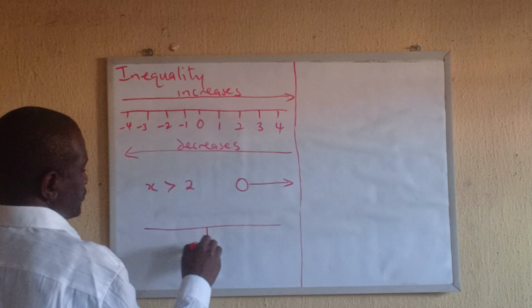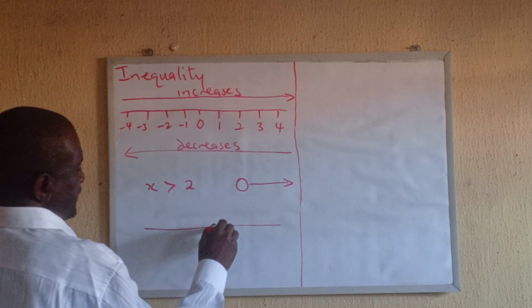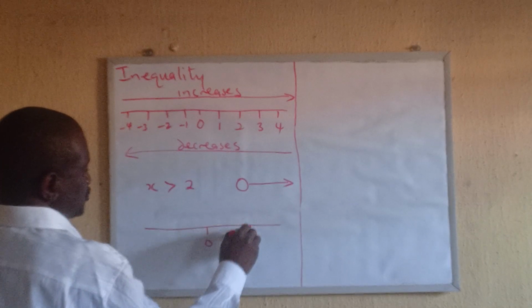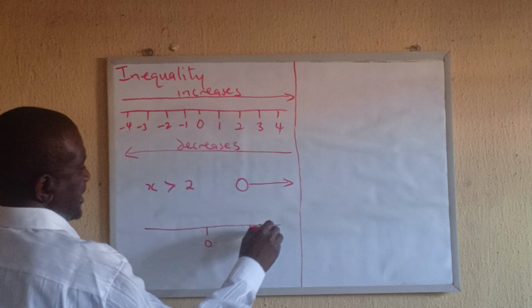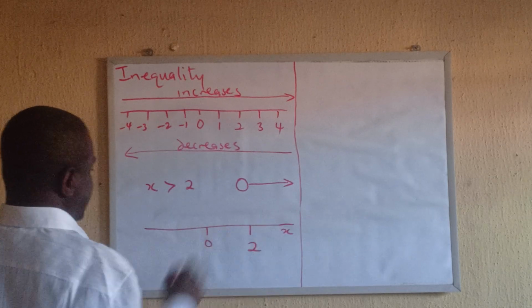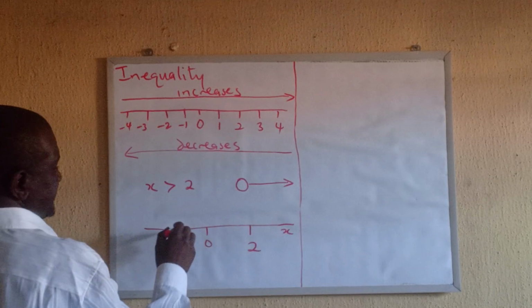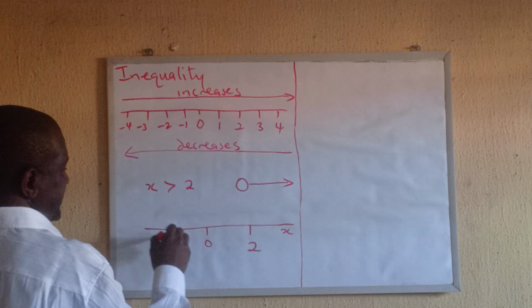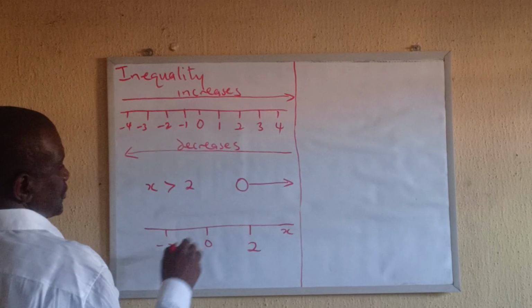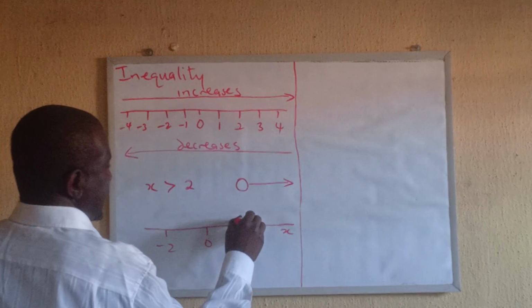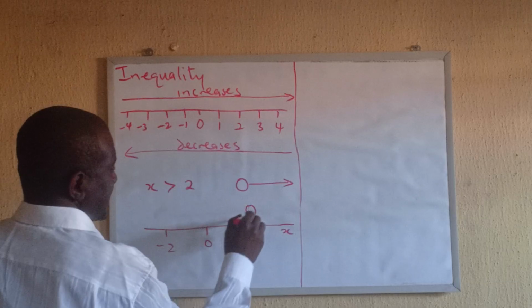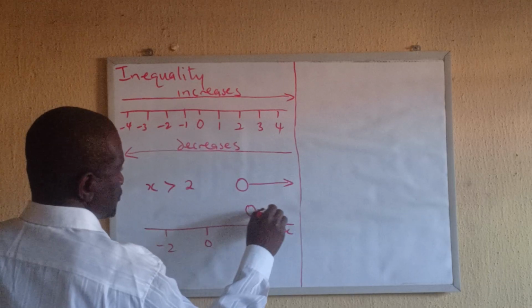Remember, at the middle I put 0. If here is 1, I can just imagine 2 to be here. I'll put my x on the line here. If I have -1 here, then the next one can be -2. So I'll draw a line like this, put a circle, and I will not shade it.